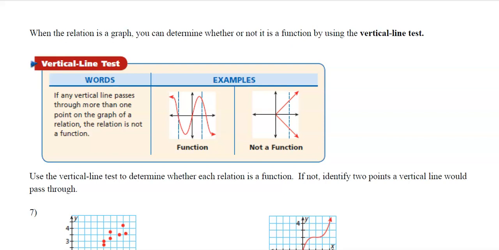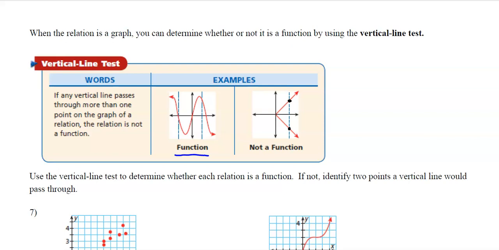So this one that says function, you never touch two spots. However, the equation here on the right, if you look at that dotted blue line coming down, there's a problem. And the problem occurs right there and right there. I had a vertical line touch my graph in two places.